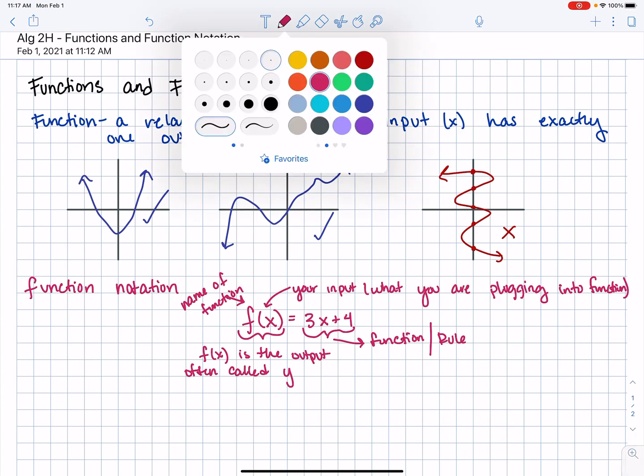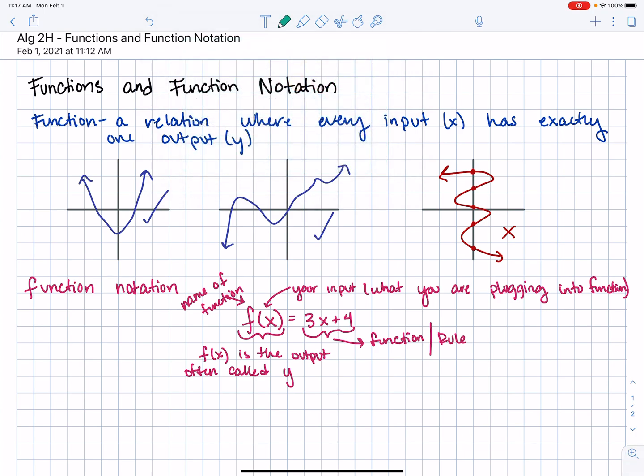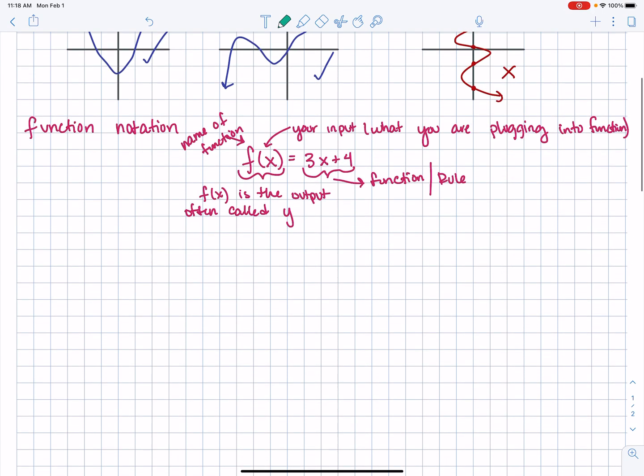So if we're looking at these examples, I might ask something like, if we have f of x equals 3x plus 4, hey, what's f of 10? And we'd take that 10 and we'd input it wherever the x is. So we would say 3 times 10 plus 4.